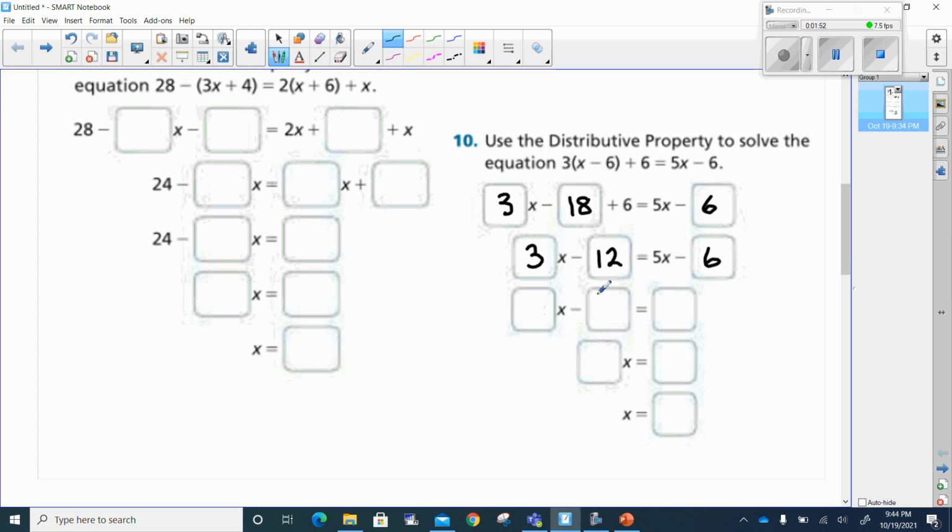And -6 still comes down. Now I have to figure out what's happening over here. The only thing that gives me a clue is there's no x over here left. So I'm going to assume that they mixed the variable together, and that way, they left this -6 over here. The only way to have done that is to subtract 5x.